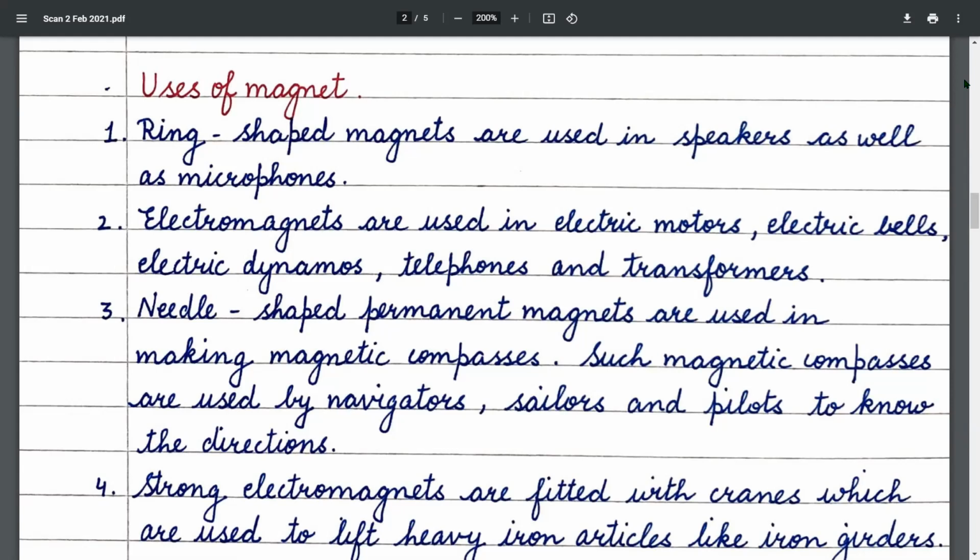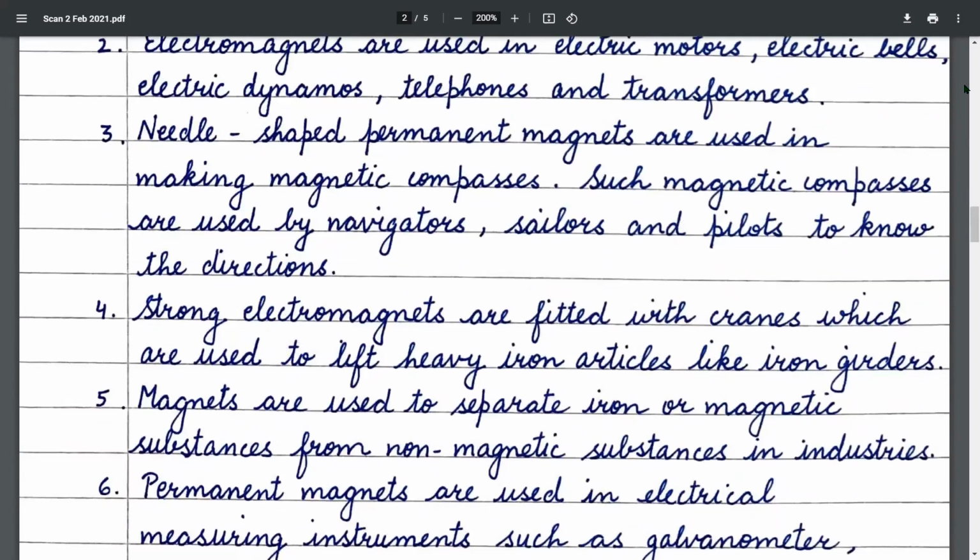Number three, needle-shaped permanent magnets are used in making magnetic compasses. Such magnetic compasses are used by navigators, sailors, and pilots to know the directions.